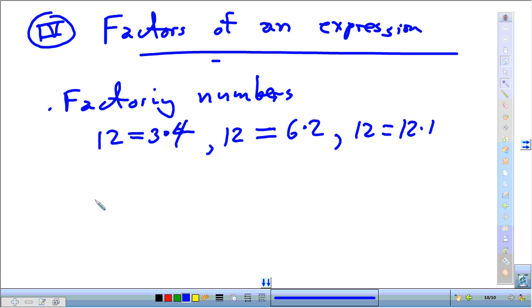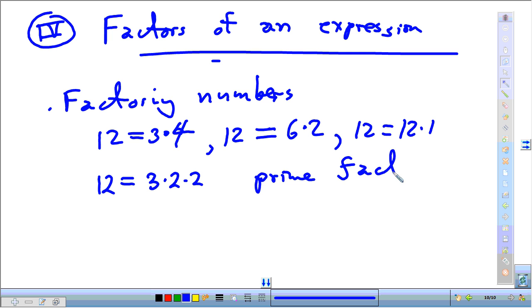So a lot of possibilities. Now, we could write 12 as 3 times 2 times 2. So what I've written here, all the factors, 3, 2, and 2, are prime.